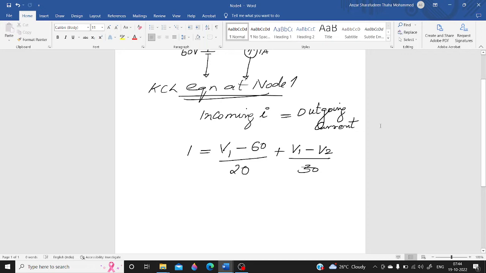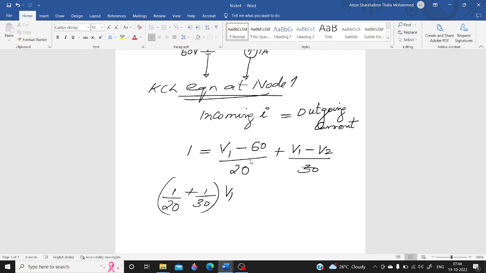Now your job is just to rewrite this equation in terms of V1 and V2. Okay, so first of all, let me take V1. The coefficients of V1 are 1 by 20 plus 1 by 30, times V1.